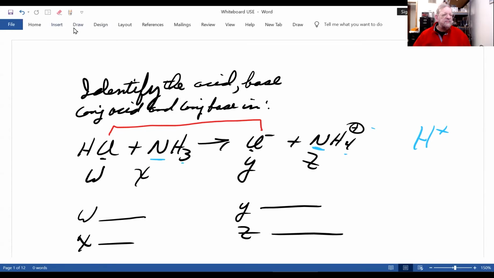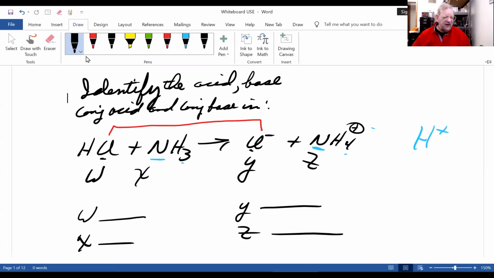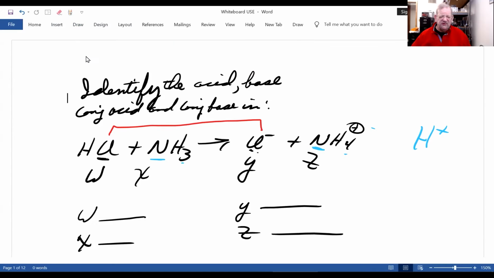Now, if we look at going from this to its conjugate, does it gain a proton, or in your case, hydrogen, or lose it? It loses it. It donates it. What's something that donates something? An acid. Next, when it goes from Y to W, does Cl minus lose a proton or gain a proton?